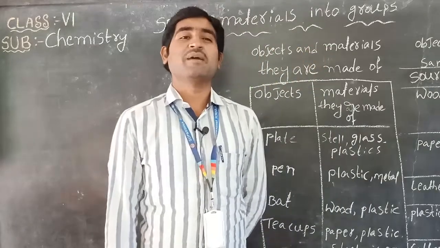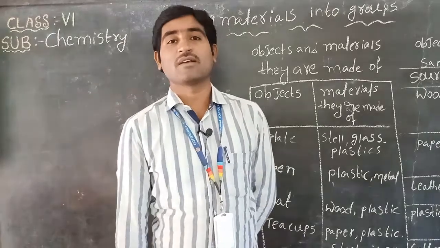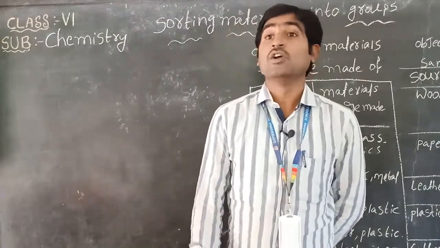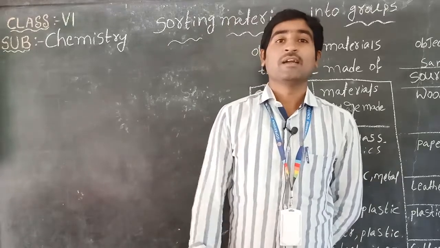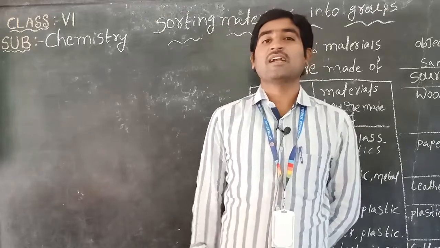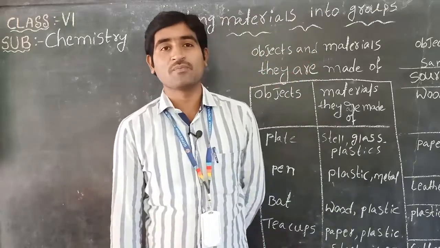Like that, many other objects are also present in different ways, and different kinds of materials are available around us, and we observe different kinds of objects around us daily. What different kinds of objects do you see in your day-to-day life?